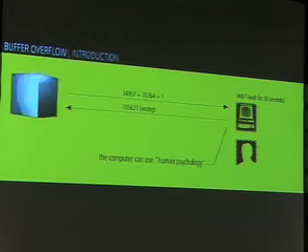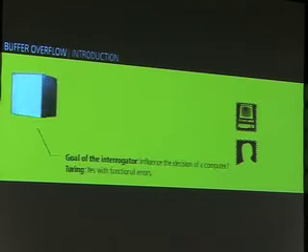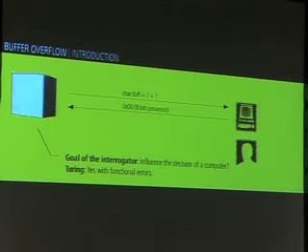For example, you give a computation to do, an addition. The computer can just simulate a reflection for a few seconds, and give, why not, a wrong answer. The question is, is it possible for the interrogator to use something to change the behavior, to influence the decision of a computer?